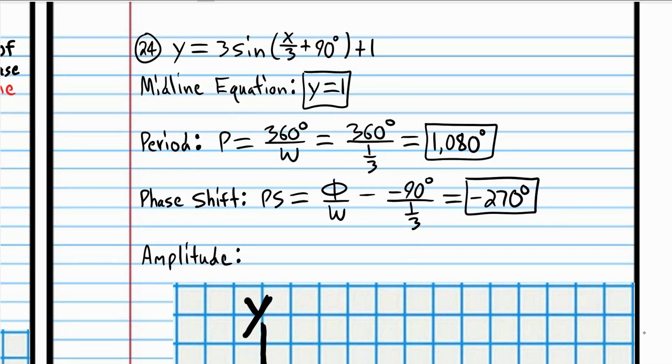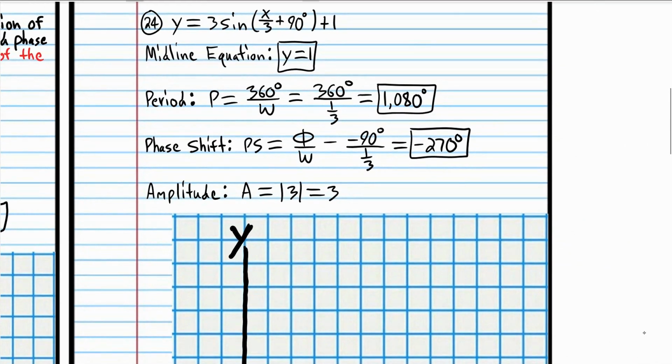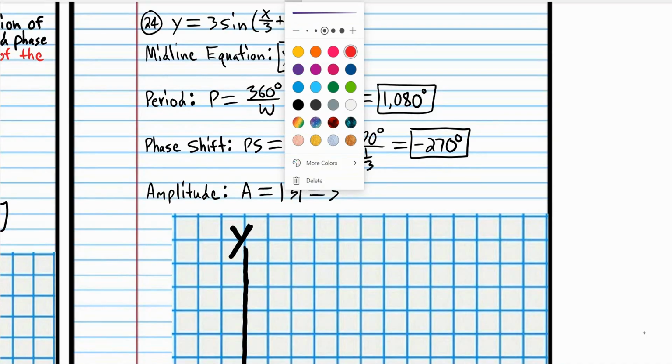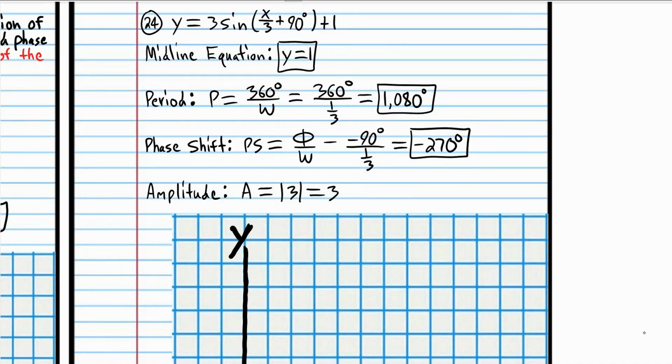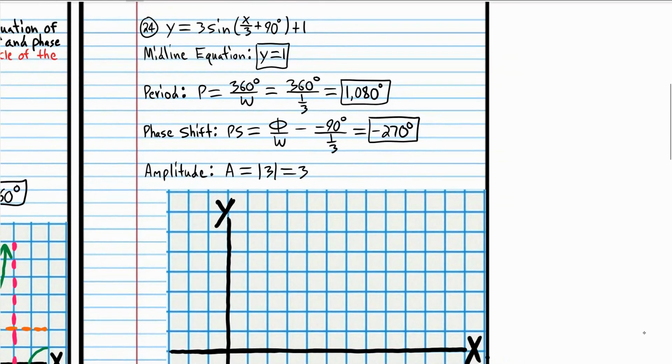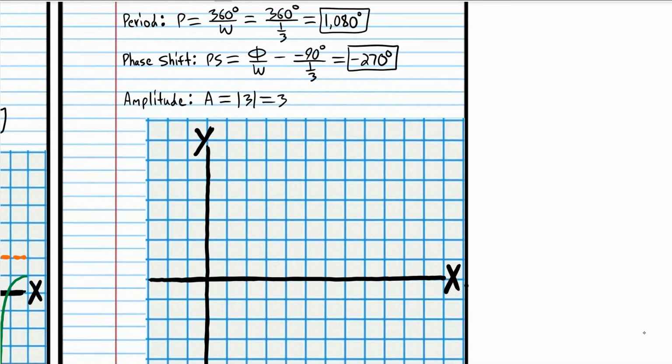And the amplitude is the absolute value of 3, which is 3. So given this information, we can graph this equation. So let's draw the midline first.